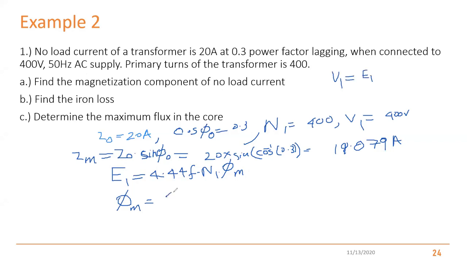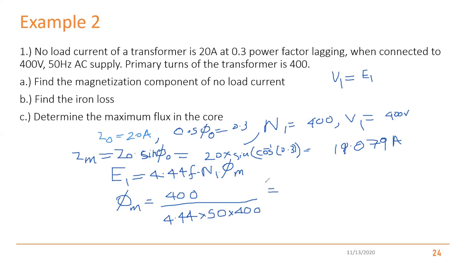Therefore E1 is 400, divided by 4.44 into 50 into the number of turns in the primary, 400.